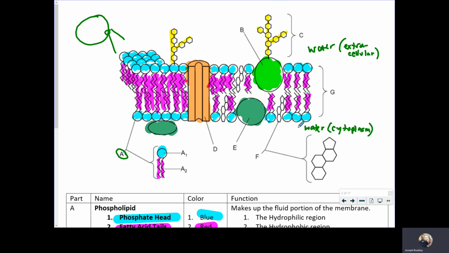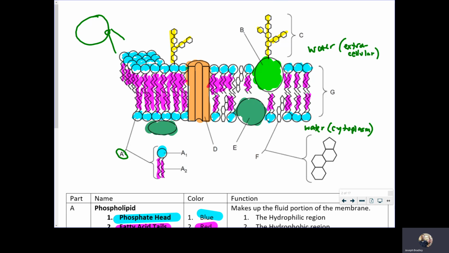As a result of the water being on both sides, it forms this barrier that is selectively permeable. What makes it selectively permeable is that lipids are mostly composed of these fatty acid tails, which prevents things that don't interact well with fats from passing through.